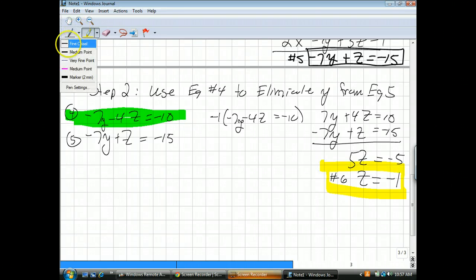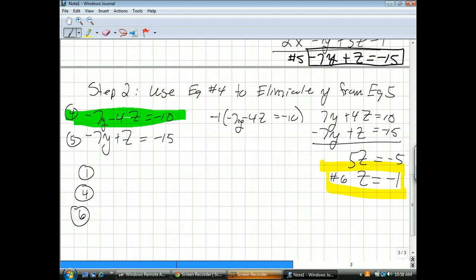Now we take equation 1, equation 4, and equation 6. Equation 6 was z equals negative 1. Equation 4 was negative 7y minus 4z equals negative 10.